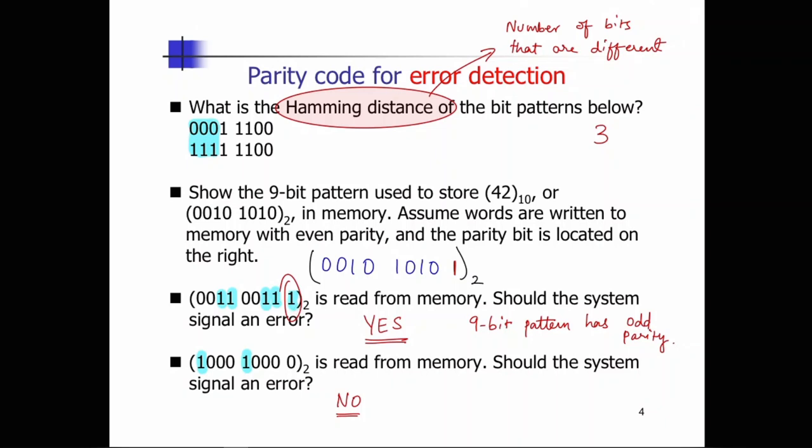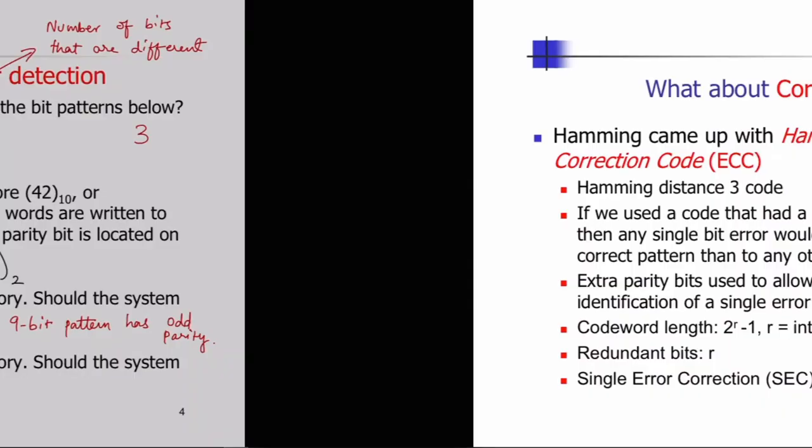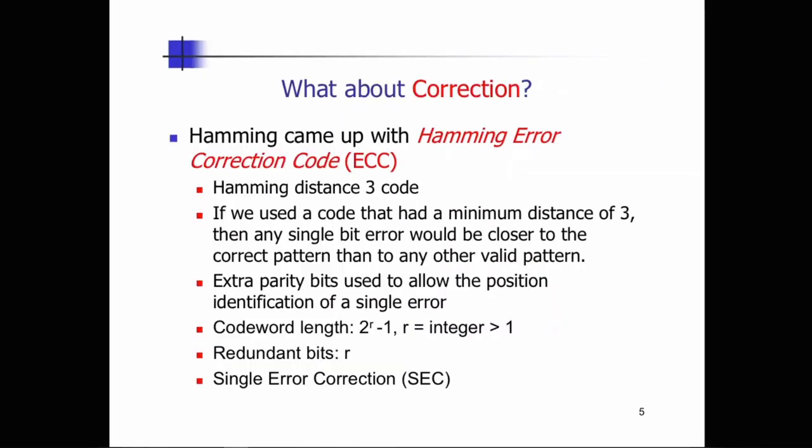But we are using redundant bits to get some error detection going. All right. So the next obvious question is, can we correct those errors that happened? And the answer is yes. Hamming came up with a Hamming error correction code, in short ECC, which allows us to perform single error correction.